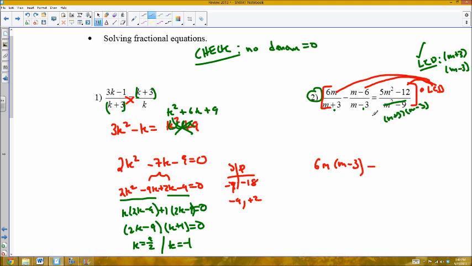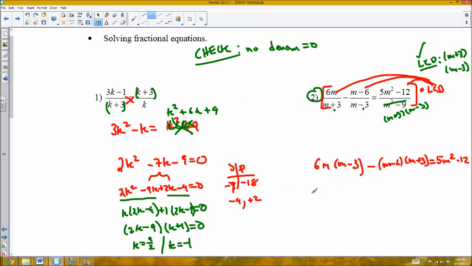My second one, when I multiply it onto this denominator, my m minus 3's will cancel out. It'll leave me with the m plus 3 times this, so that'll be m minus 6 times m plus 3 will be equal to, and then what's very convenient is when I multiply this LCD times this term, all of these factors will cancel out, so I'm left with just m times 5, or 5m squared minus 12.